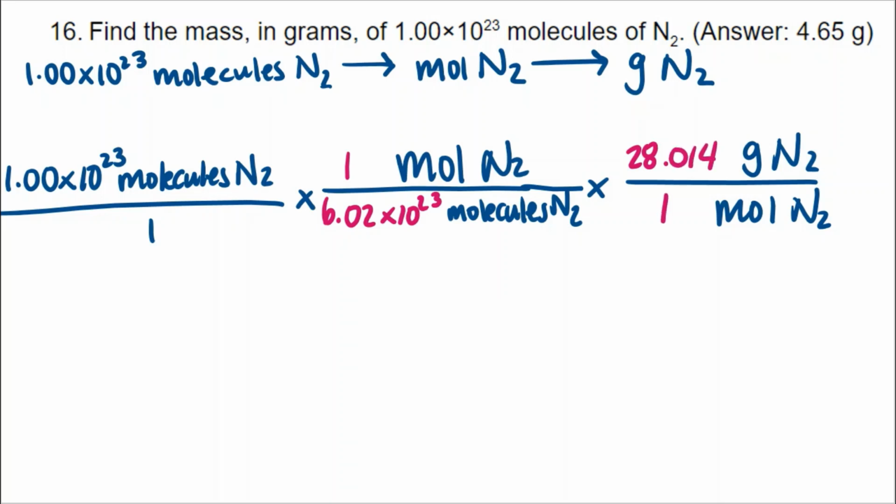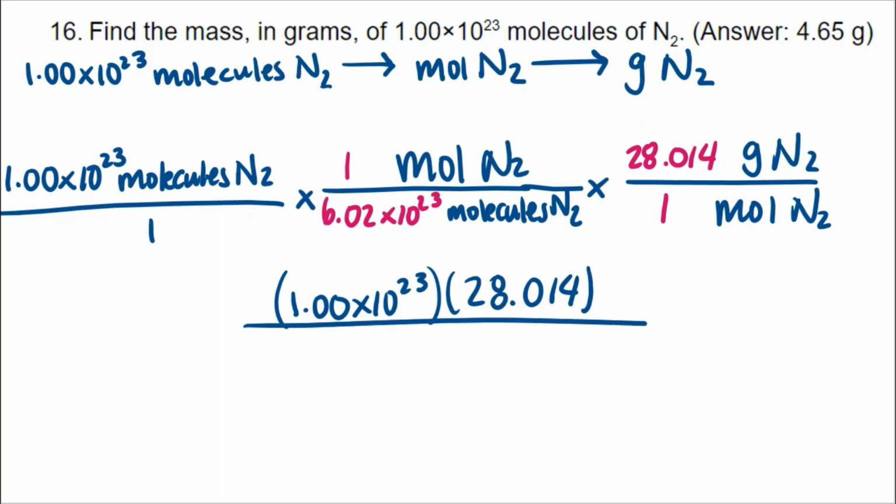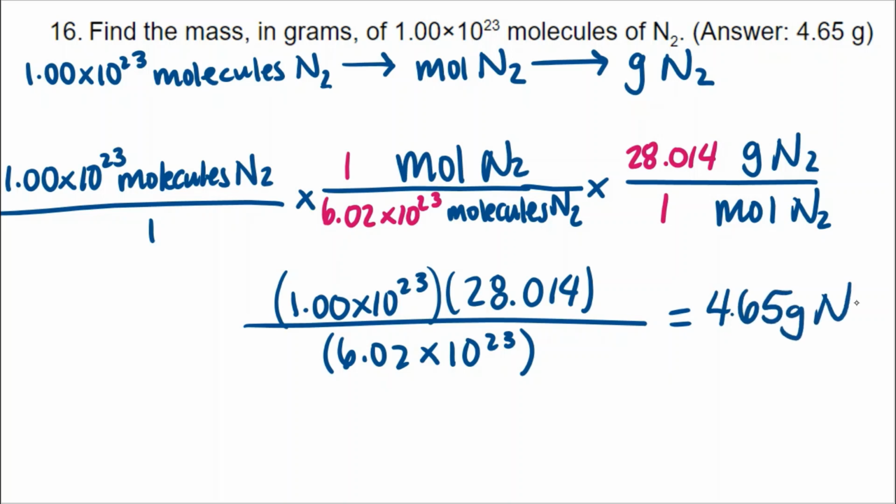So in order to solve this, I'm going to need to do 1.00 times 10 to the 23rd, multiply that by 28.014, and on the bottom I'm going to divide by 6.02 times 10 to the 23rd. So when I do my math here and I solve this, I get 4.65 grams of nitrogen.